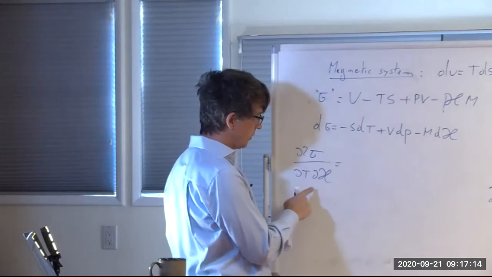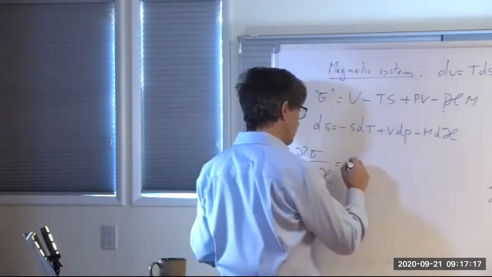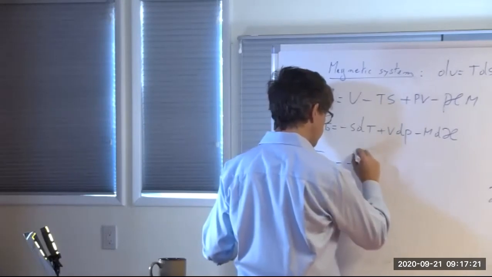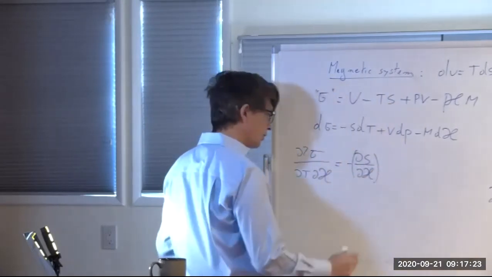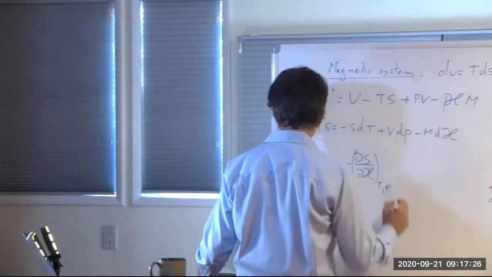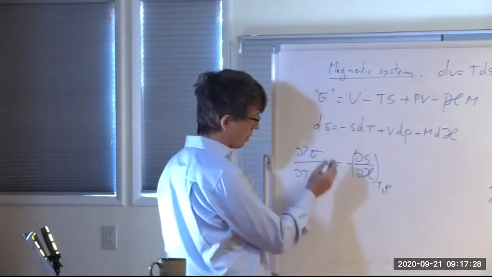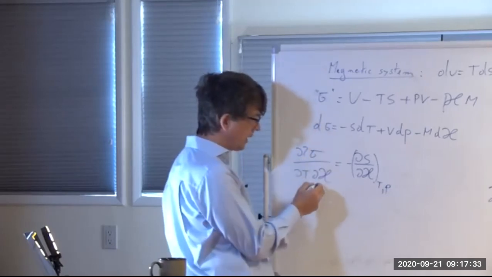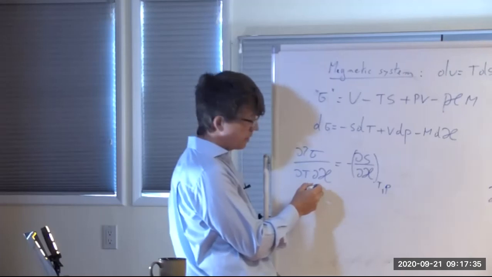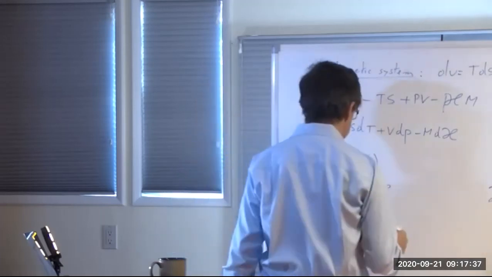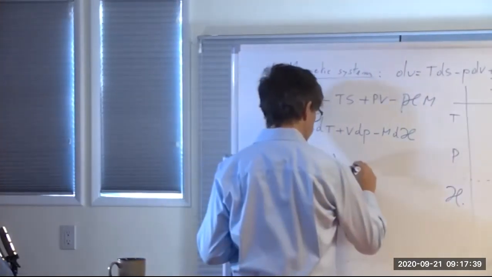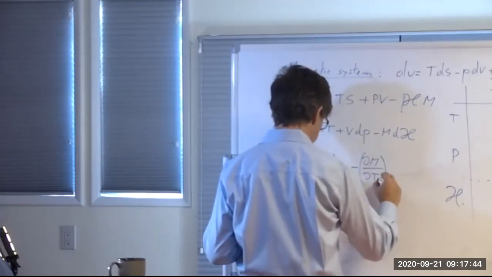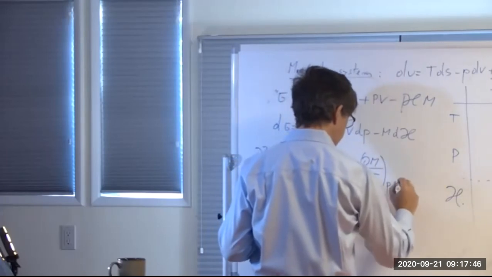So I'm going to get a derivative of the entropy with respect to H. So this is minus dS dH at constant T and P. And through the Maxwell relation, or I simply take the derivative in the other order, if I first take the derivative with respect to H, I'm going to get M, and so I have then dM dT. So this is also equal to minus dM dT at constant pressure and applied magnetic field.